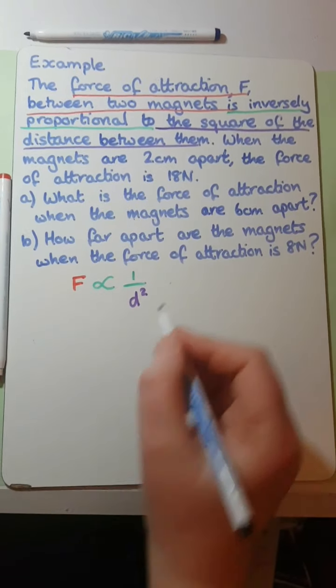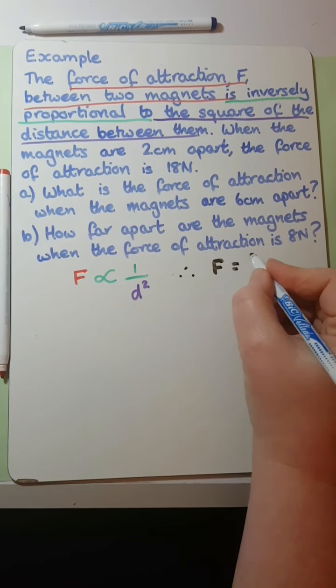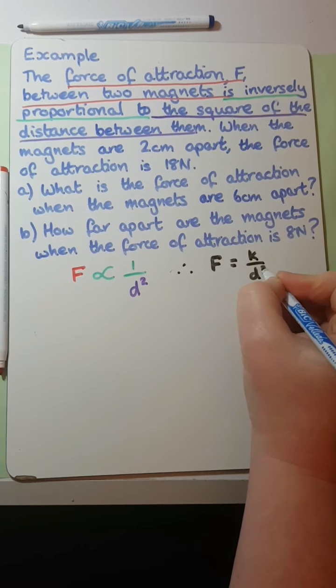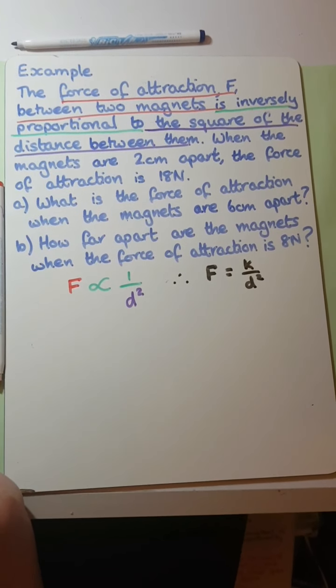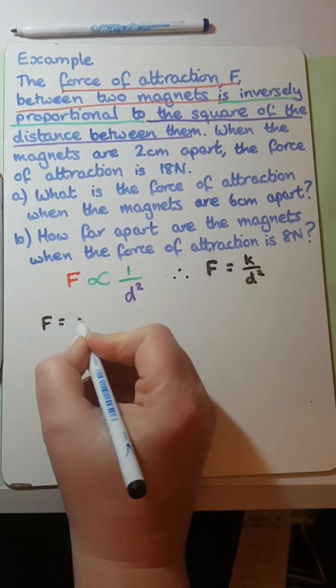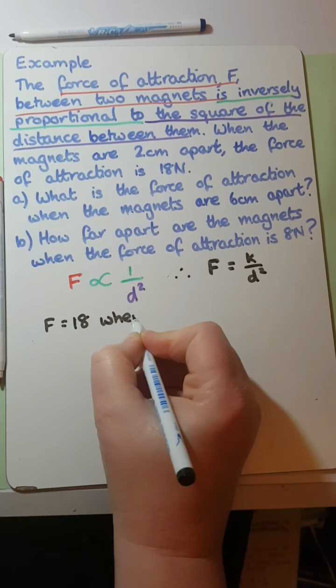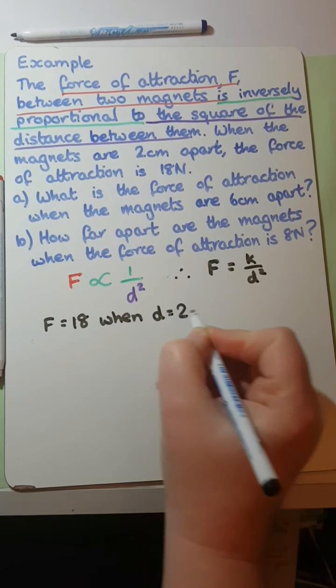So we start off by saying, therefore, F equals k over d squared. And the first thing I have to do is find k. So F equals 18 when d equals 2.